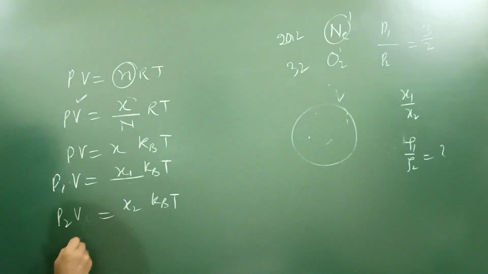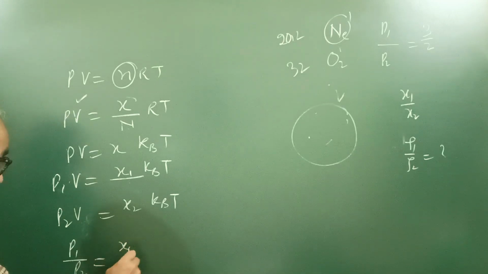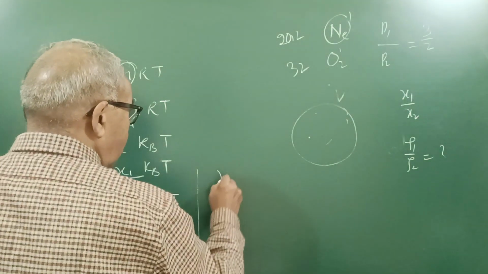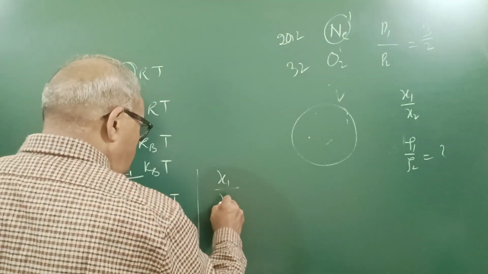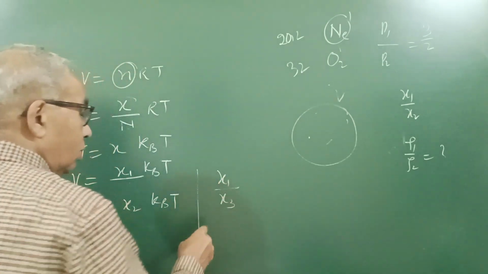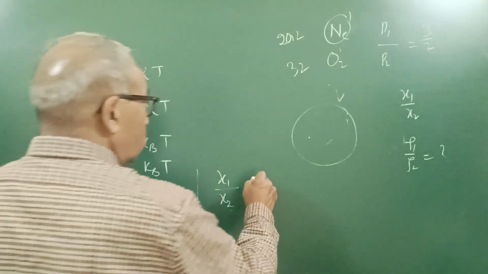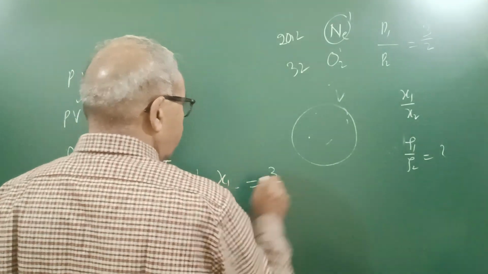Dividing, P1 upon P2 is equal to X1 upon X2. P1 upon P2 is 3 by 2. So the ratio of the number of molecules, X1 and X2, is equal to 3 by 2. Simple question.